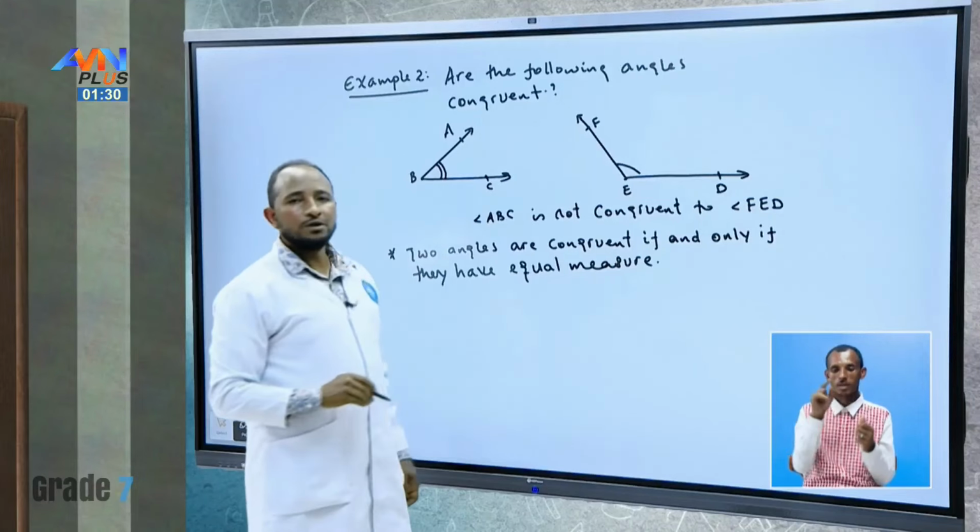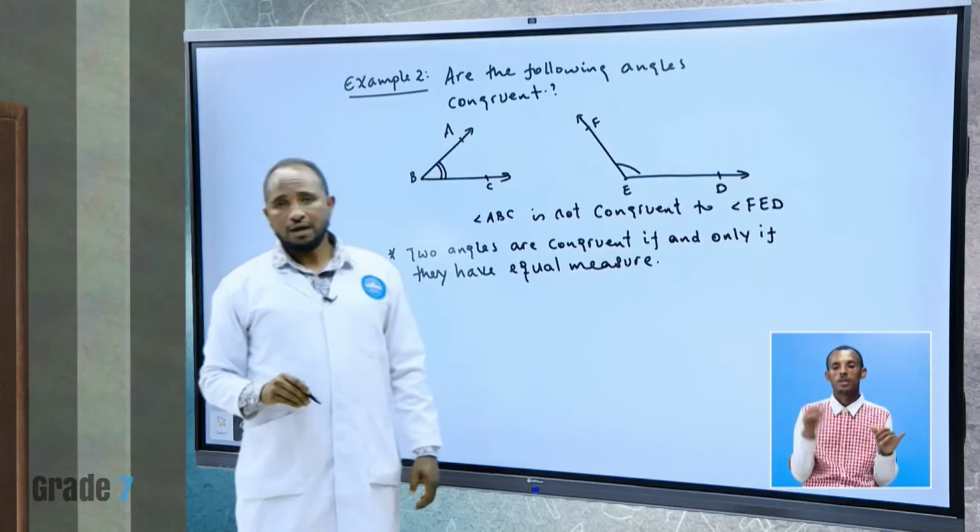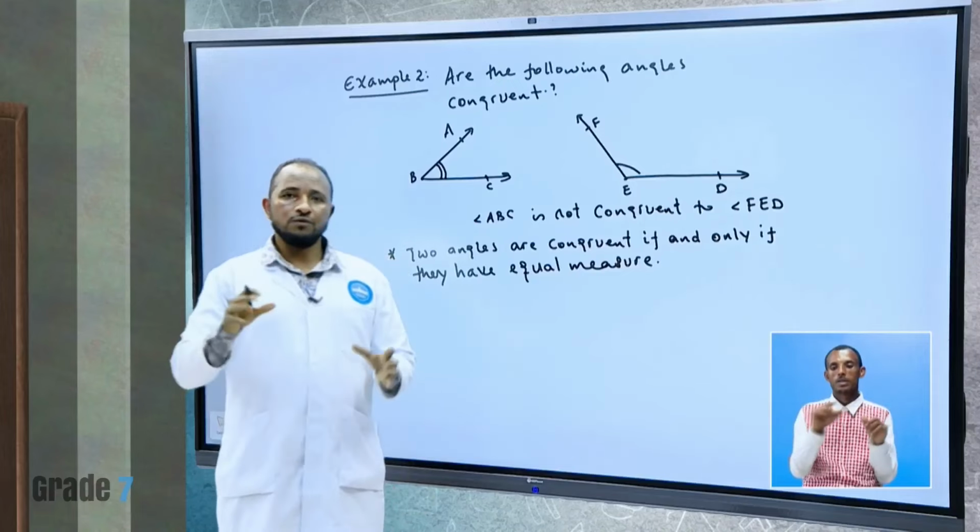If they have equal measure, we can say the two angles are congruent or one angle fits on the other.